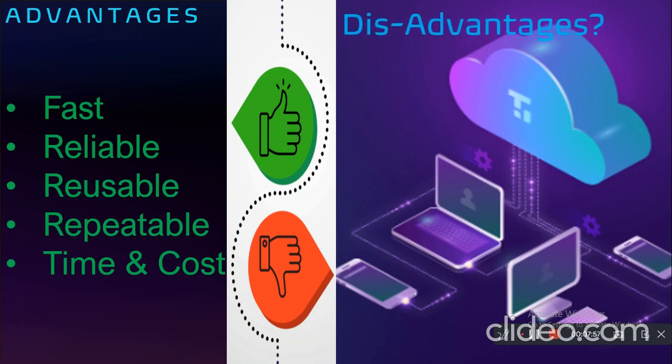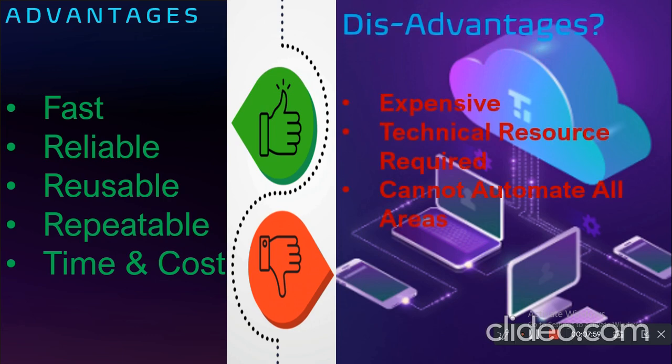Coming to the disadvantages, every automation tool has some limitations, so definitely there will be some disadvantages. If you want to use an automation tool, we may have to purchase licenses. Some tools are open source and for some tools we have to purchase licenses, so it is cost-intensive.